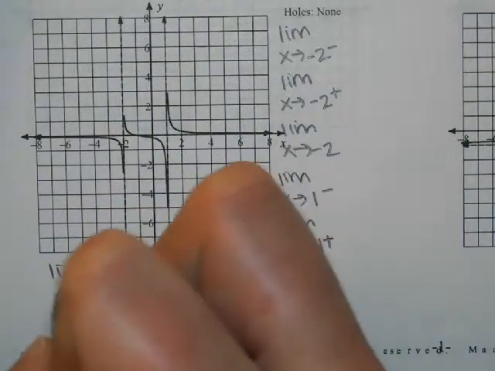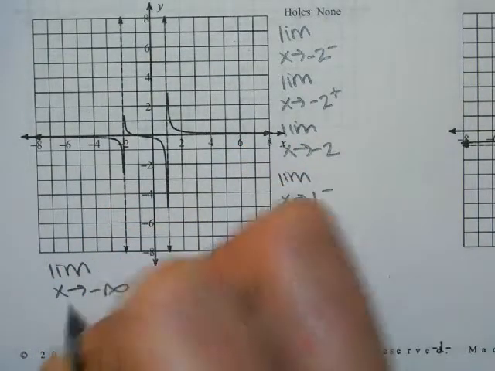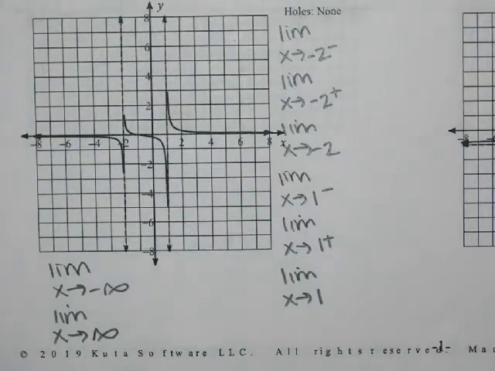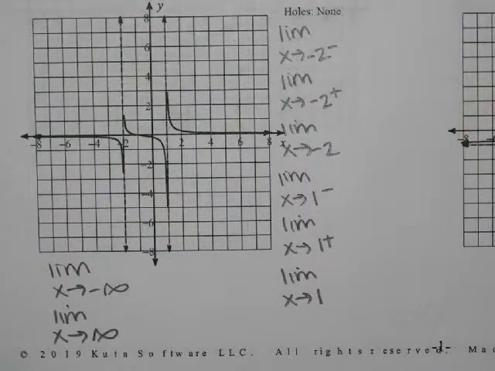The limit as x goes to -infinity, the limit as x goes to +infinity. That is a lot of limits we have to find.